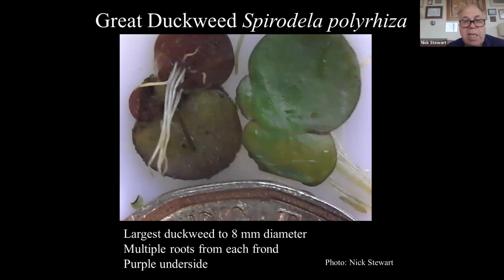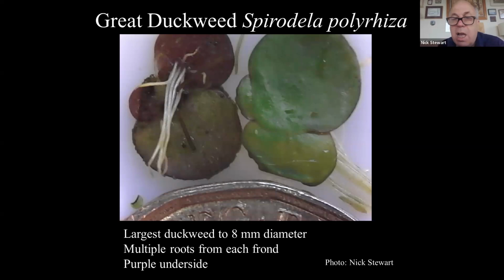Another relatively easy one of the duckweeds is the great duckweed, Spirodela polyrhiza. Most of the duckweeds just have a single root coming down from each frond, but the greater duckweed has multiple roots coming down, several roots together.